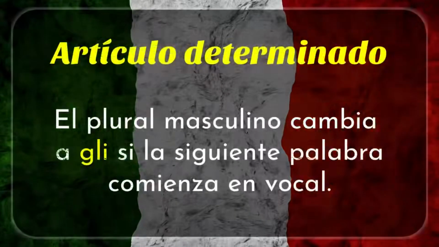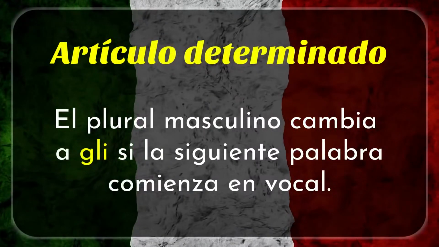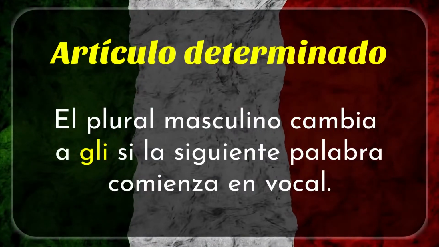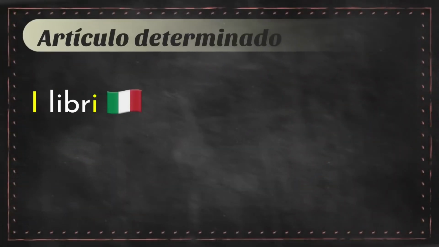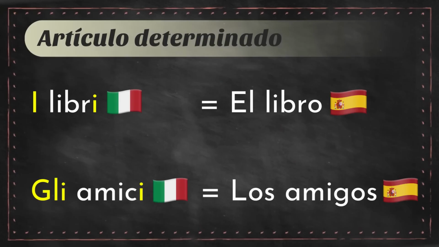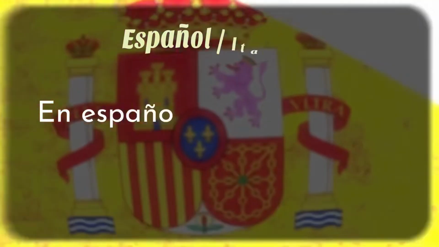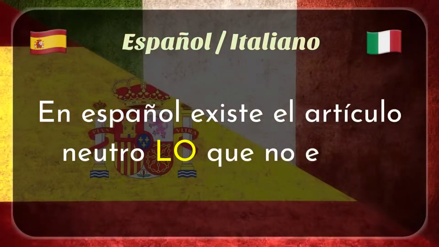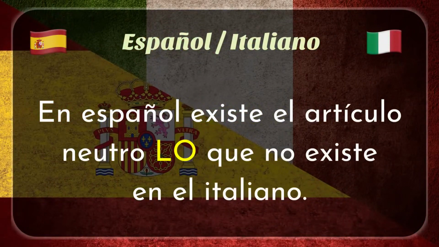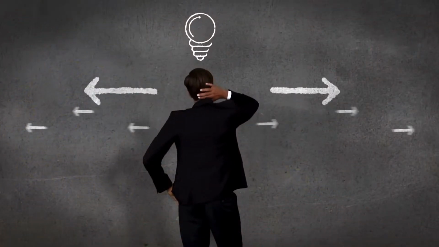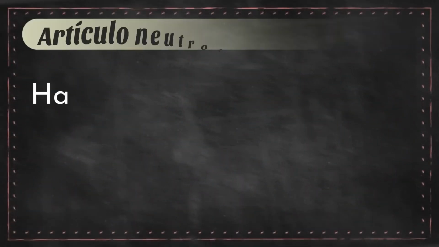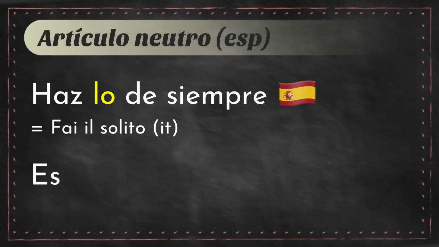And the masculine plural changes to gli if the word begins with a vowel: i libri, gli amici. In Spanish, there is the neuter article, which does not exist in Italian, used to express ideas or abstractions: lo que siempre haces.